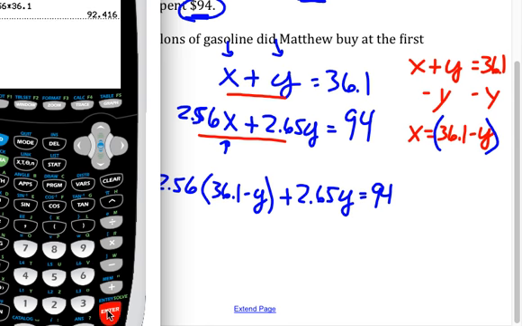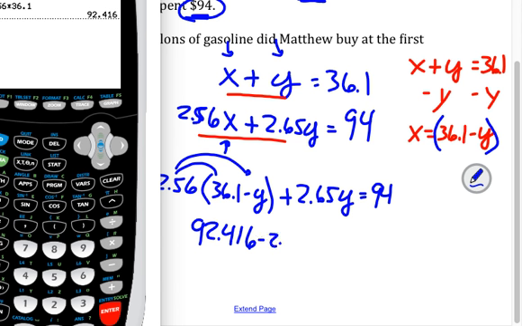What do we get? 92. And then we have 2.56 times negative y, just using the distributive property here. I'm going to get negative 2.56y plus 2.65y equals 94.